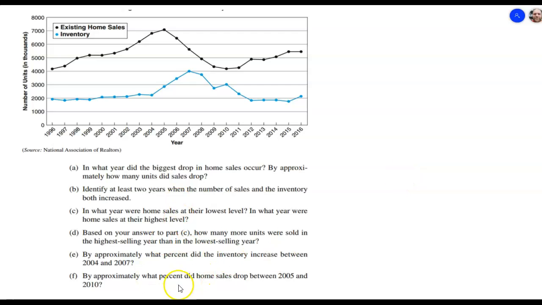Next one says, by approximately what percent did home sales drop between 2005 and 2010? So here's 2005, that's right at 7,000. 2010 is maybe about 4,100. So let's do that.